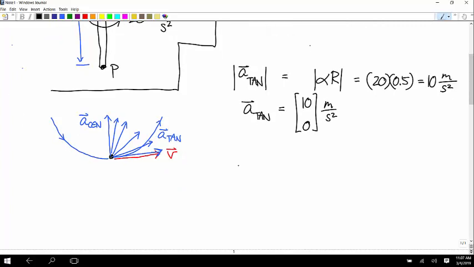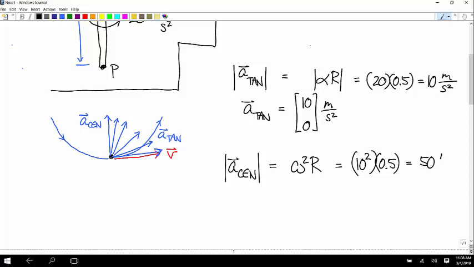The centripetal acceleration magnitude is omega squared times that distance r. Omega is 10, so 10 squared times 0.5, and so that's 50. We already figured out that the direction of the centripetal acceleration is in the positive y direction.